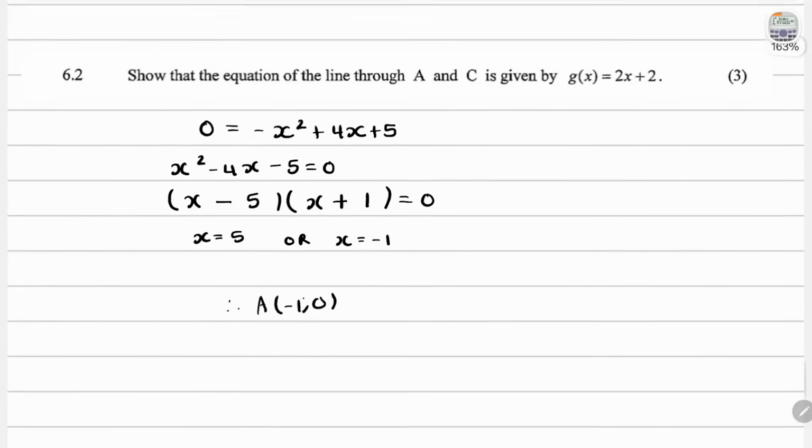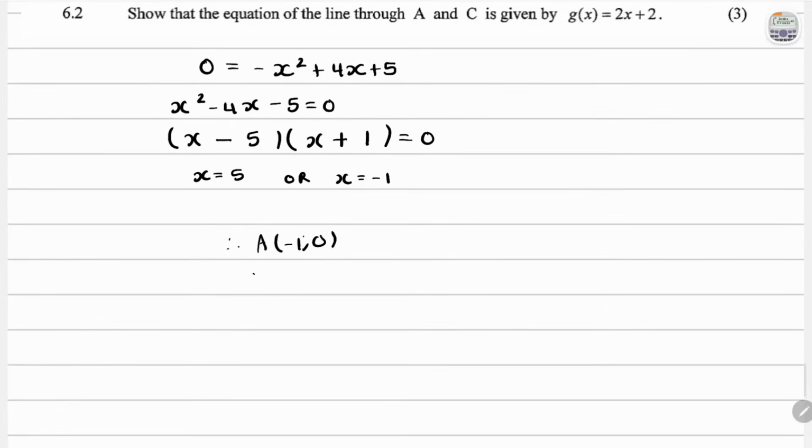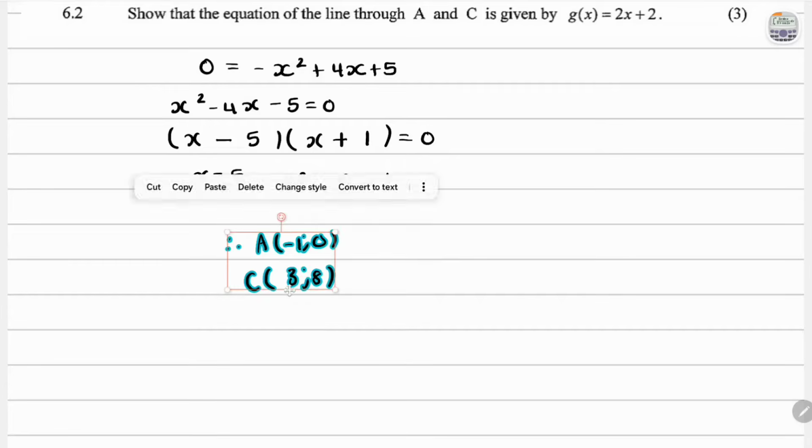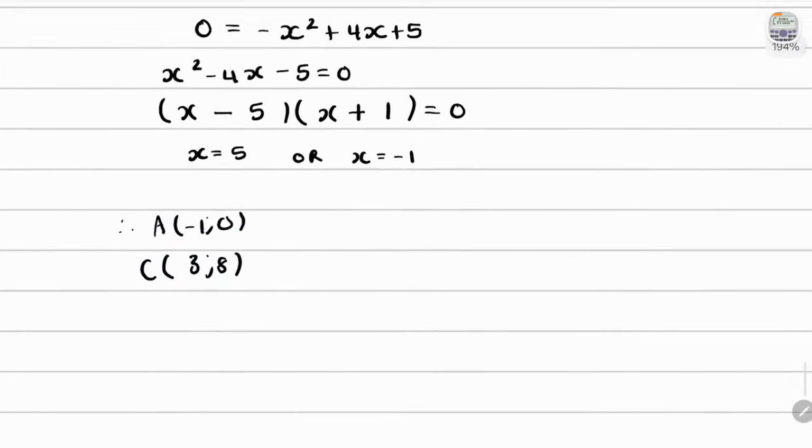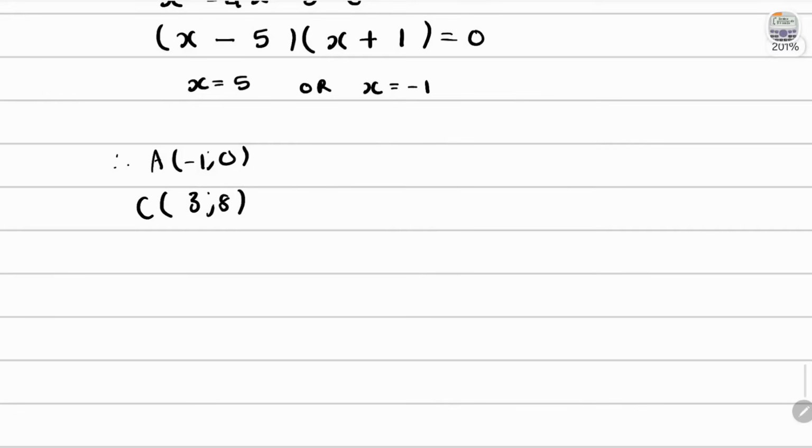Now we can use this to find the equation. We know what C is: C was (3; 8). And we can just find the equation of this graph now. It is a straight line, meaning we need to find the gradient first. When subtracting, just make sure you are consistent.